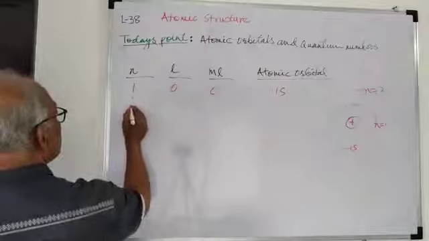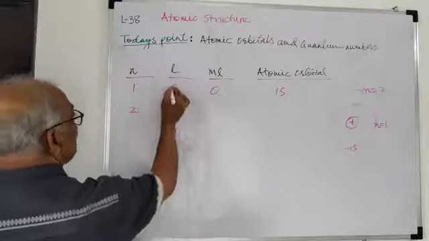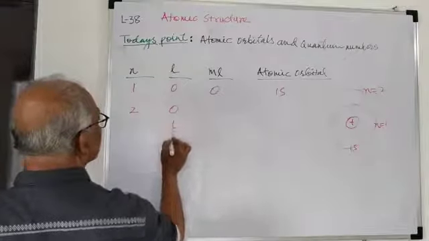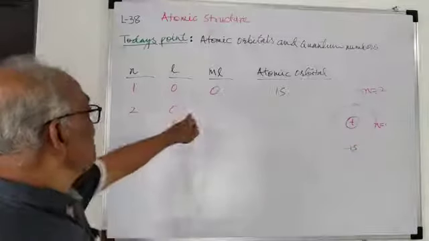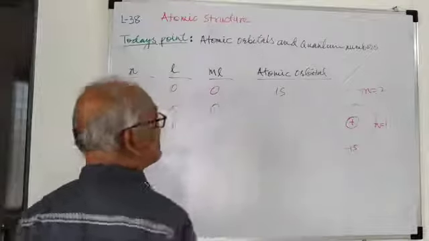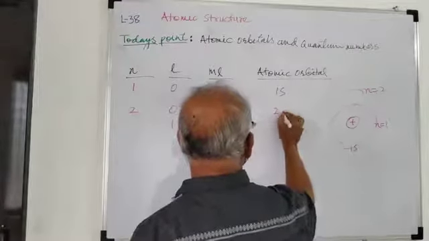Then when n is equal to 2, the l value is 0 and 1. When l is equal to 0, ml value is also 0, and in such a case the atomic orbital is 2s.